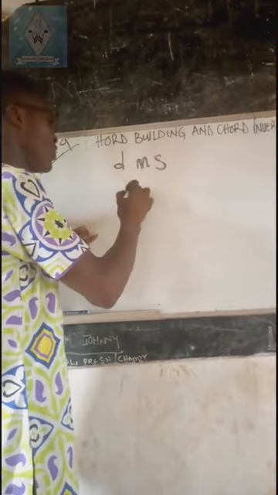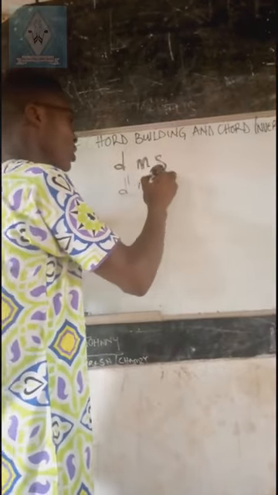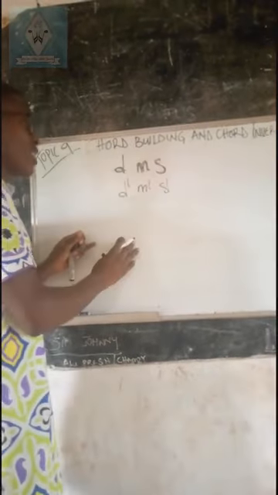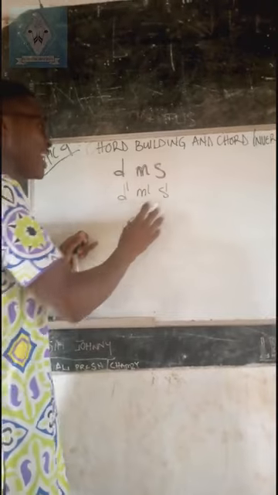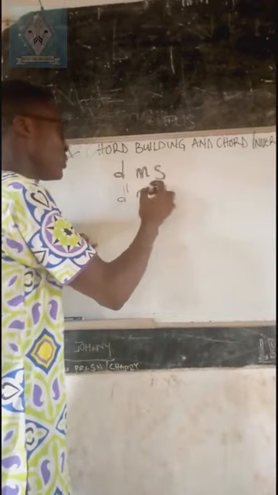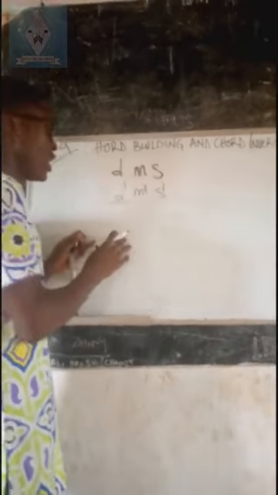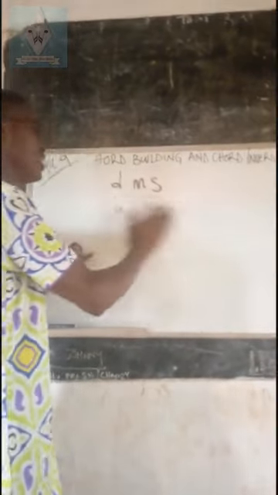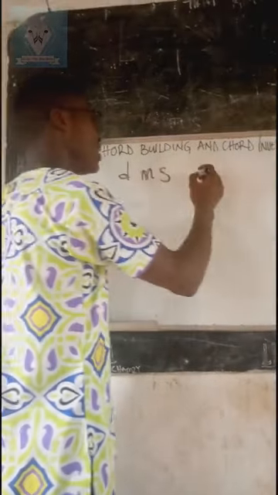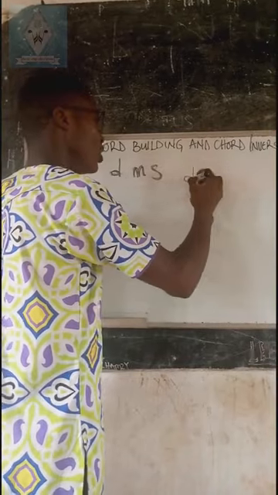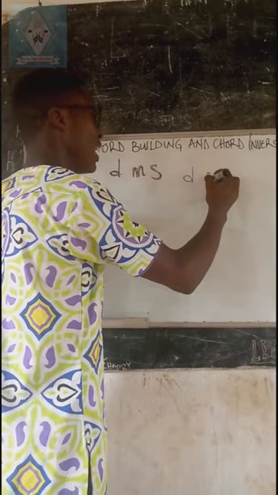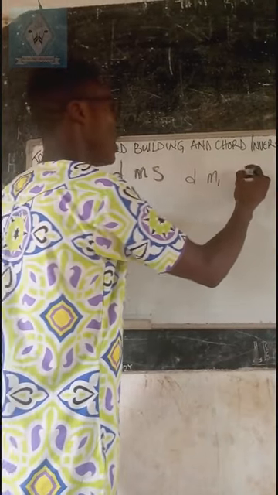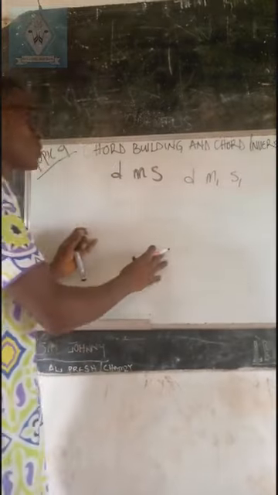Even if we have this, do, mi, sol, for the fact that they all have superscript, do is the lowest note. And if you have something like this, do, and the mi carries one below, and the sol carries one below.